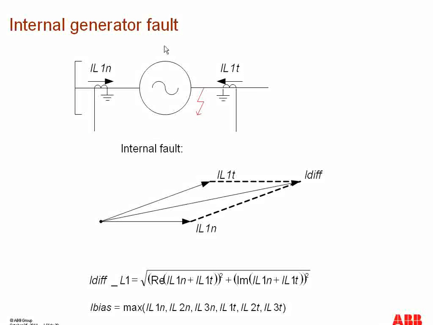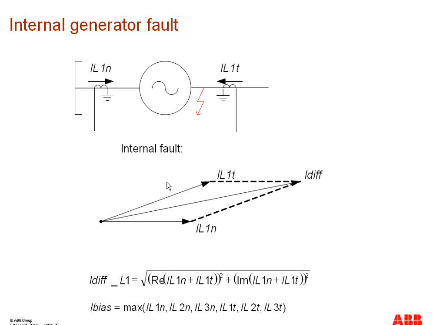As you can see over here, if the fault is internal, then the neutral side current as well as the terminal side current will flow inward towards the protective object.